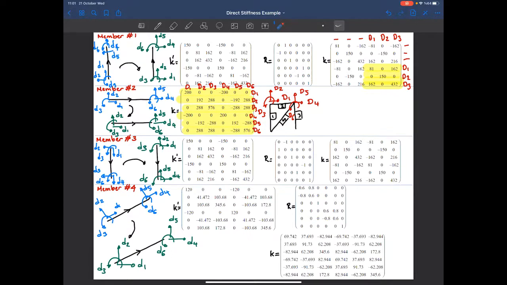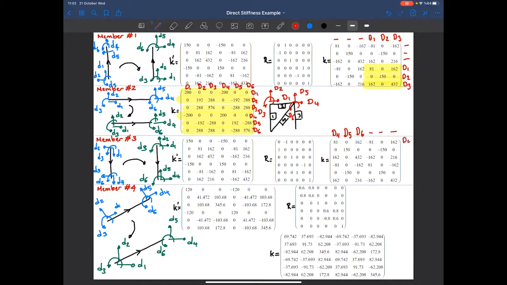Let's continue. Third member, as you see, for the third member, the first, second, and third degrees of freedom correspond to 4th, 5th, and 6th degrees of freedom. So this one corresponds to 4, 2 corresponds to 5, 3 corresponds to 6, and I don't have anything here.